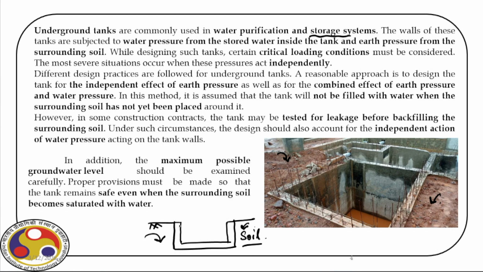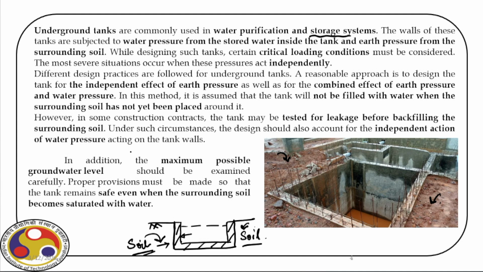Now if you see this water tank, it has walls on the side made of concrete, and at the bottom there is a base. So when we design this structure, obviously we have to consider the critical load combinations, and for that you can easily identify: the soil surrounding this water tank will apply a pressure, and if there is liquid inside the tank, that liquid will also apply a pressure.